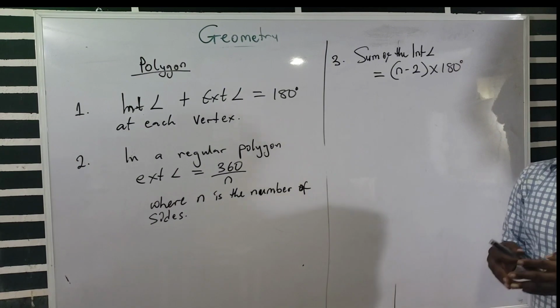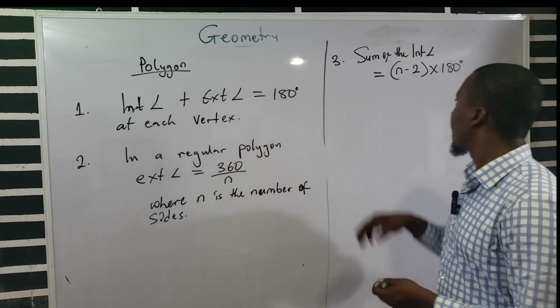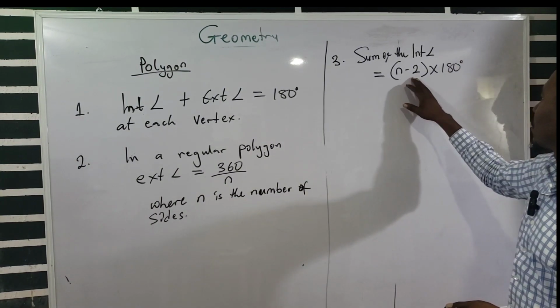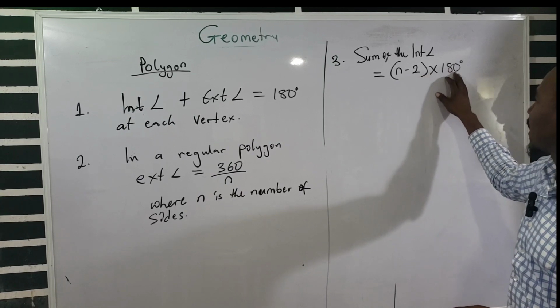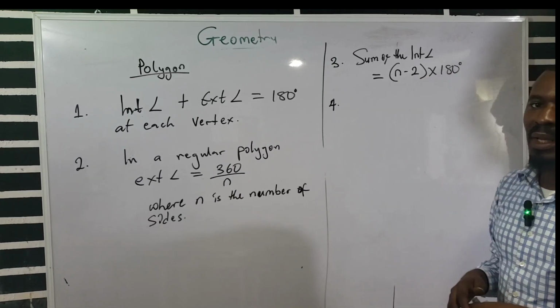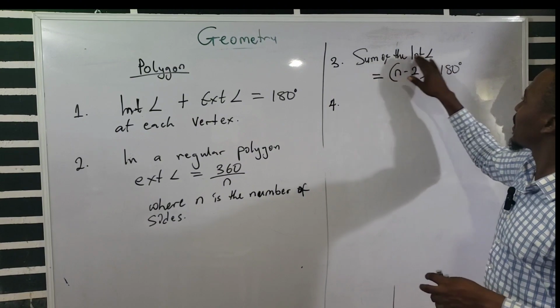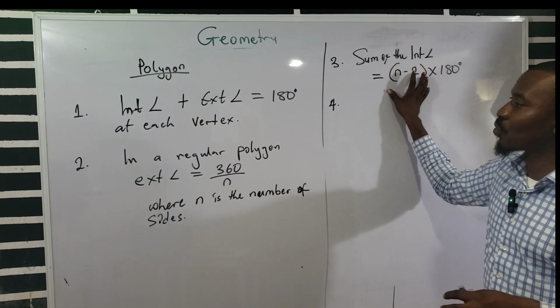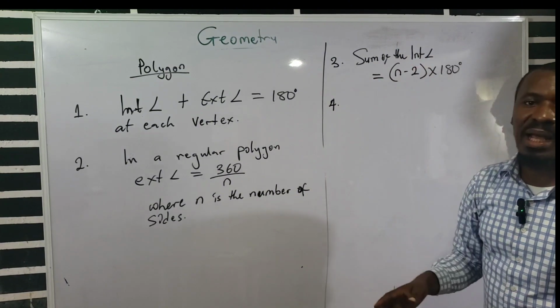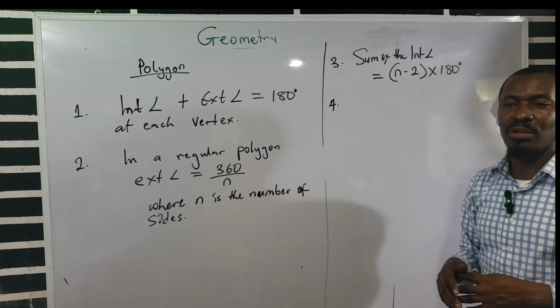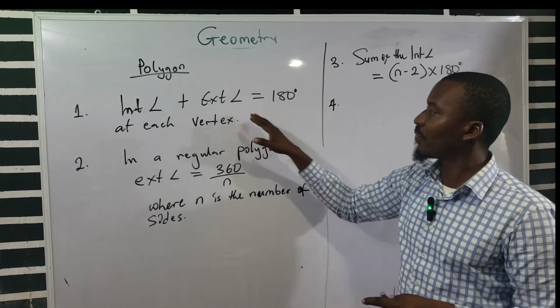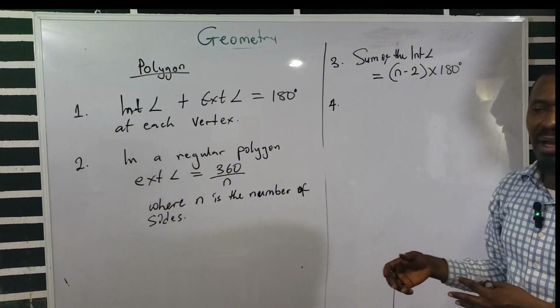So sum of the interior angles will give you what? n minus 2 times what? 180 degrees. Okay. Remember, the sum of the interior angles, this one also works for both regular and irregular polygons.